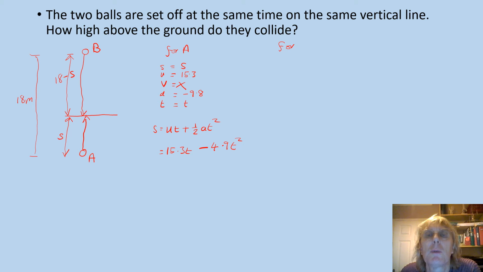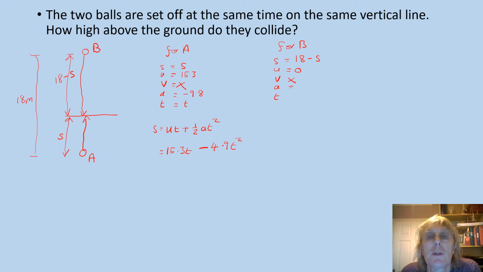So let's look at ball B. And again, we'll do S, U, V, A, and T. And in this case, S is not equal to S, it's 18 minus S. U is 0, it was dropped to 0. V doesn't matter.